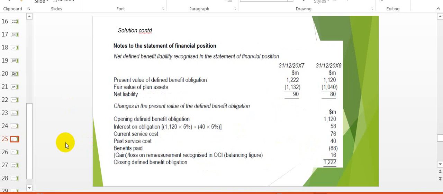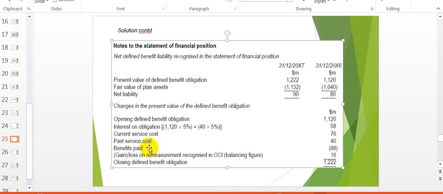Then we bring in our current service cost. Then we bring the past service costs. Then we take out the benefits paid. The benefits paid is the only entry which appears in both the defined benefit obligation and the defined planned asset. When we make the payment, it reduces our liability.